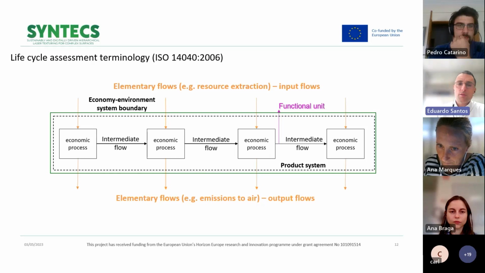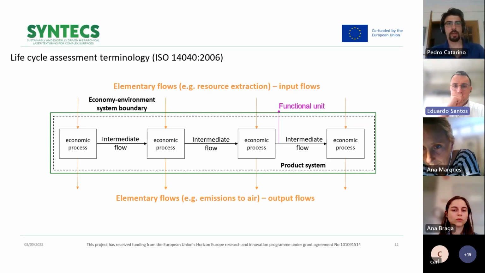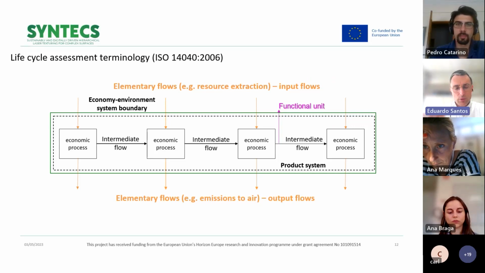Also, from the perspective of the LCA nomenclature, you have a sequence of activities, so economic activities. In between themselves, they exchange flows, so it can be material flows or energy flows, and they end up producing a product or a service that is determining for the functional unit.